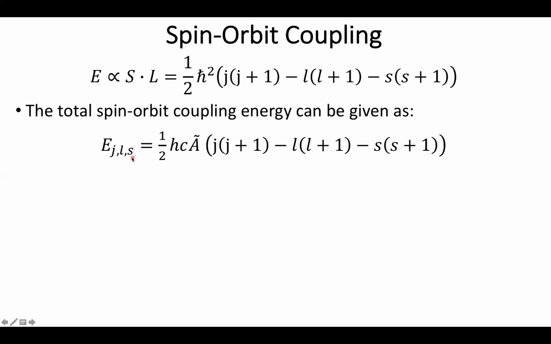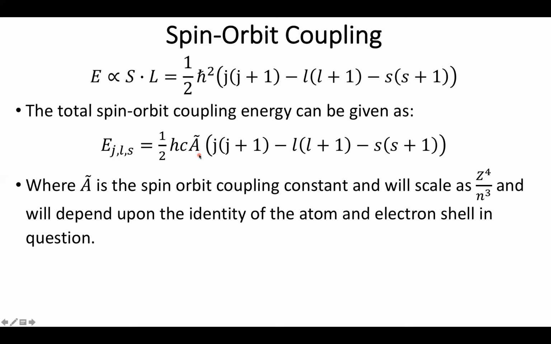angular momentums. And what we're going to do is more or less switch out our h bar squared for hc a tilde, where a here is going to be our spin orbit coupling constant. Yes, more long names.